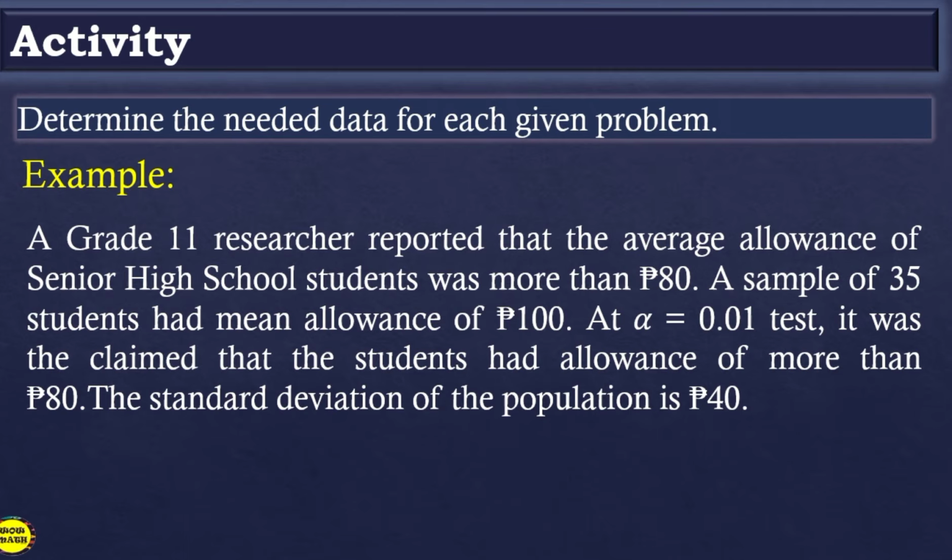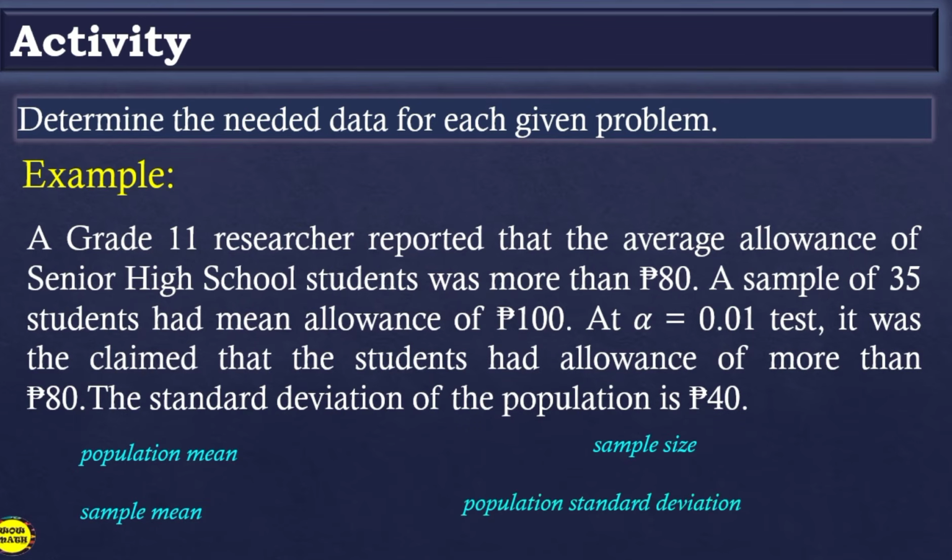The standard deviation of the population is 40 pesos. So based on the problem, ano yung mga given data dito? I-determine natin kung ano yung population mean, the sample mean, sample size, and the population standard deviation.